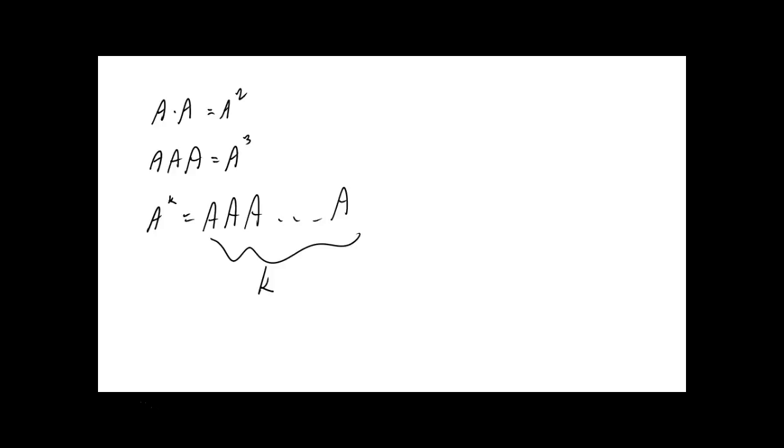Now, A itself is just A, or A to the first power, right? Now, what do you think A to the 0th power would be? You got it. Because A is n by n, this would be the identity matrix of size n.